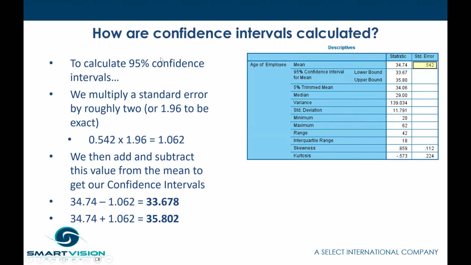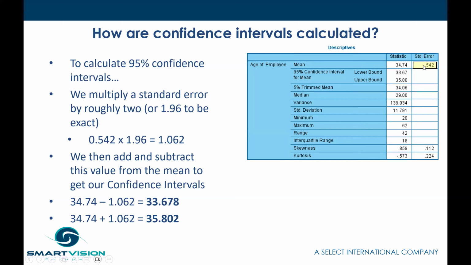If we didn't multiply it by 1.96, we would be calculating 68% confidence intervals, because one standard deviation above and below the mean in a normal distribution accounts for 68% of cases. And if we wanted to calculate 99% confidence intervals, we'd multiply it by 3, because about 3 standard deviations above and below the mean in a normal distribution account for 99% of cases. So that's why we're multiplying by 1.96, because that's associated with 95% confidence intervals and its relationship to a normal distribution.